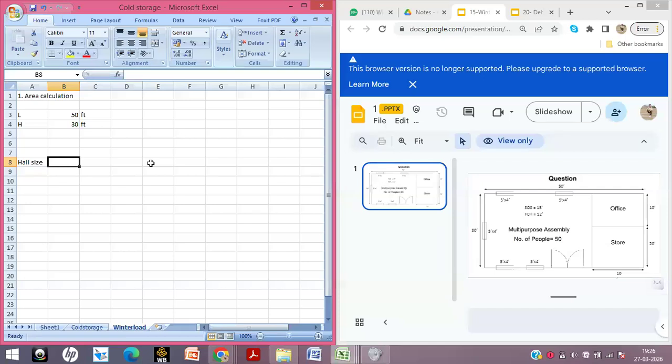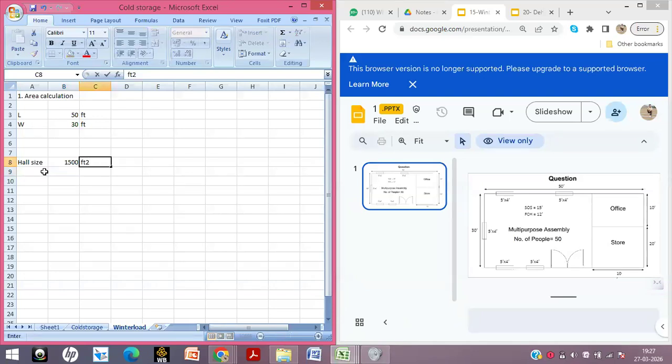Width, yes, the symbol is W. So you were confused. Okay, width. So now the hall size will be equal to 50 multiplied by 30. So it's 1500 feet square.